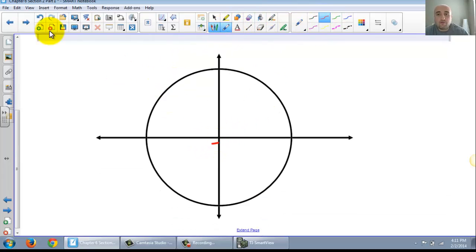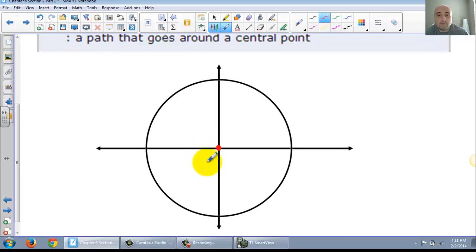So if we have a circle, this point right in the middle is called the center. And then we also know that from the center to the circle, anywhere that we look, if I take a line from the center to the side of the circle, what do we know about all these sides?